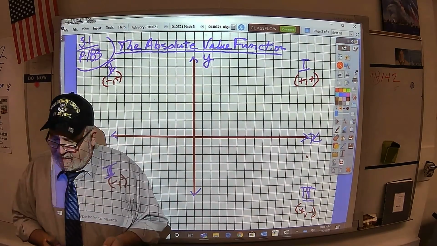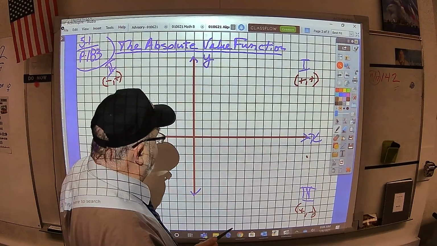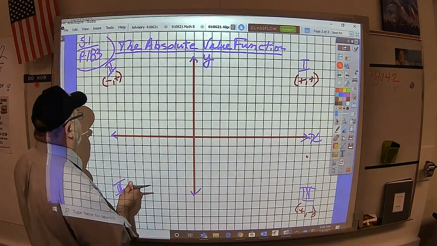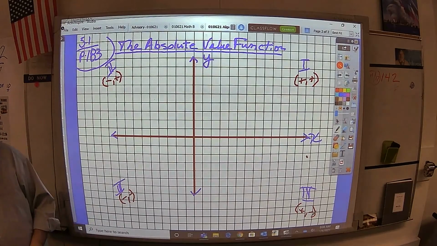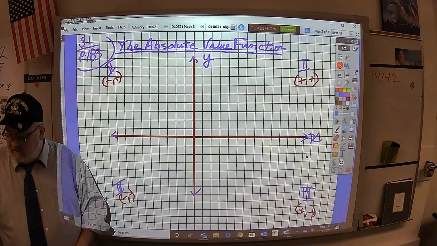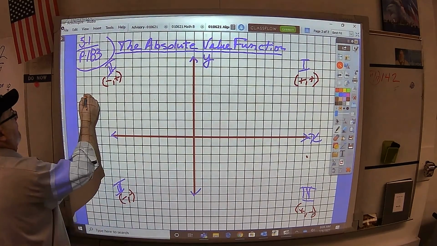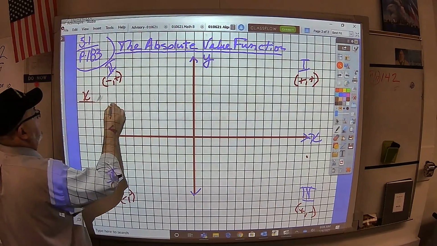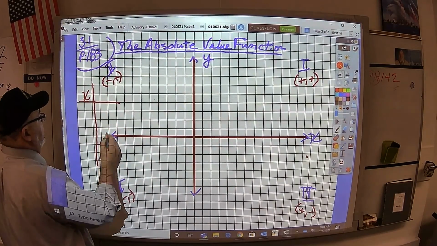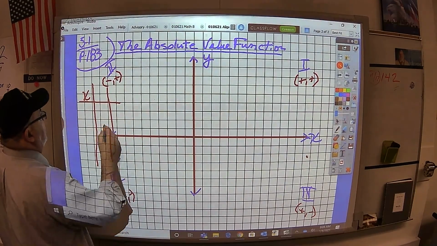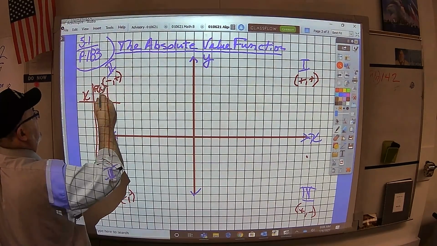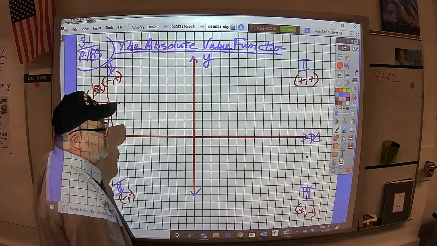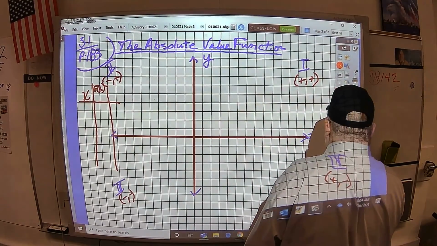The model that they give you to do absolute functions is f sub x.